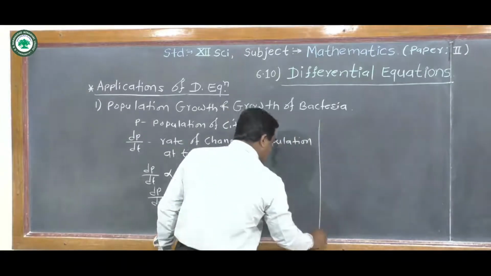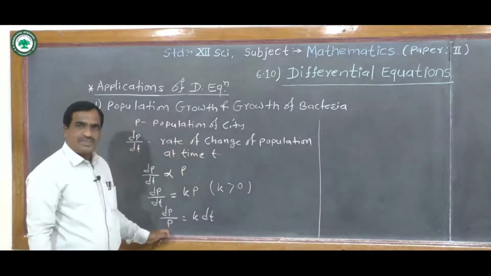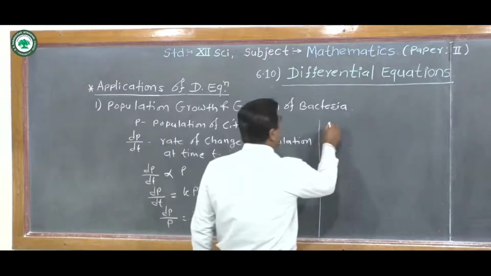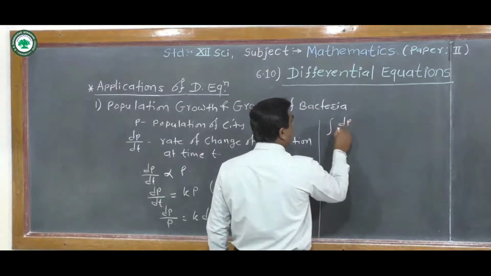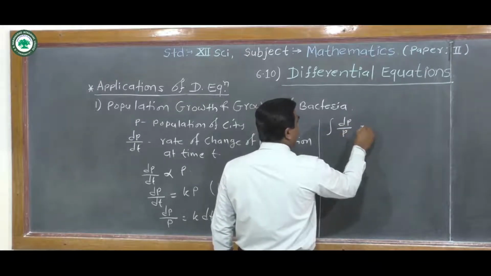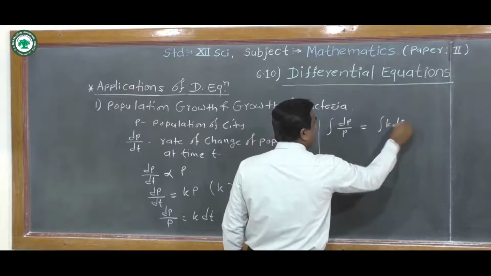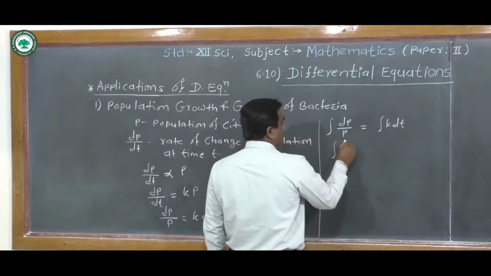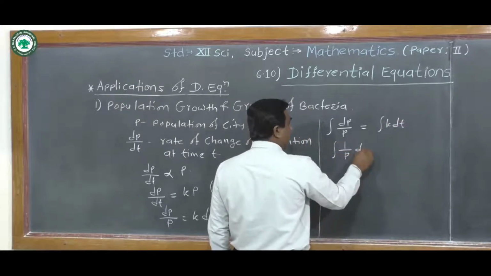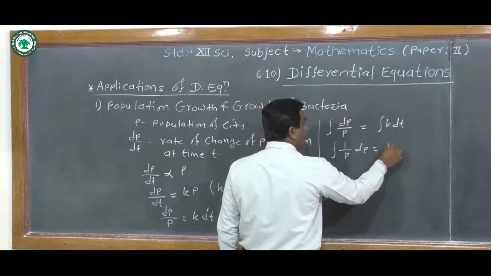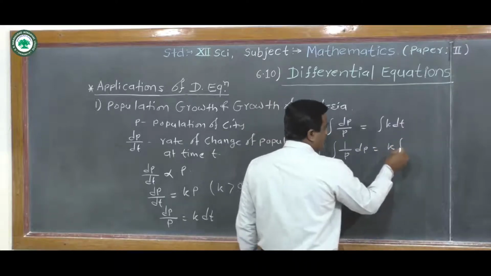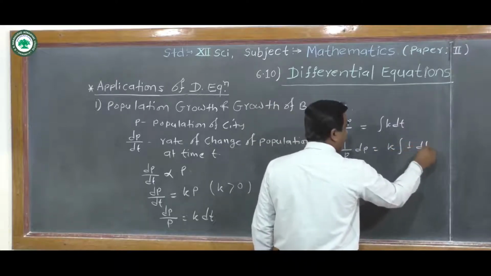Now taking integration of this equation, we can write integral dP by P equal to integral k into dt, that is, integral 1 upon P dP is equal to k, a constant taken outside the integration, into integral 1 dt.